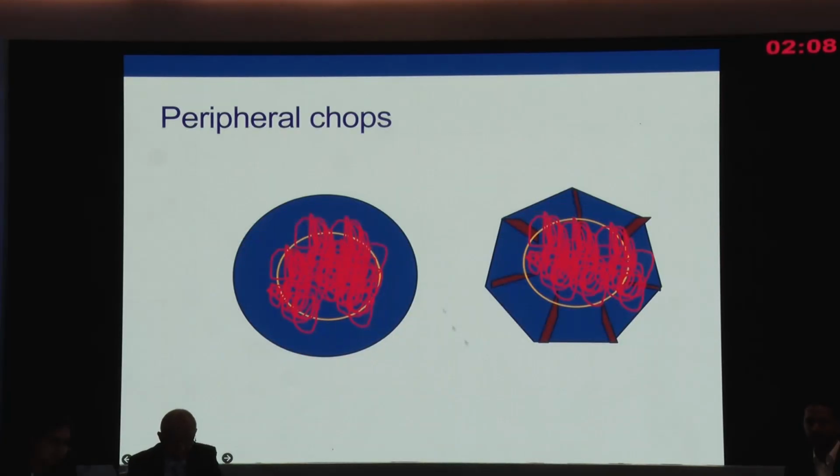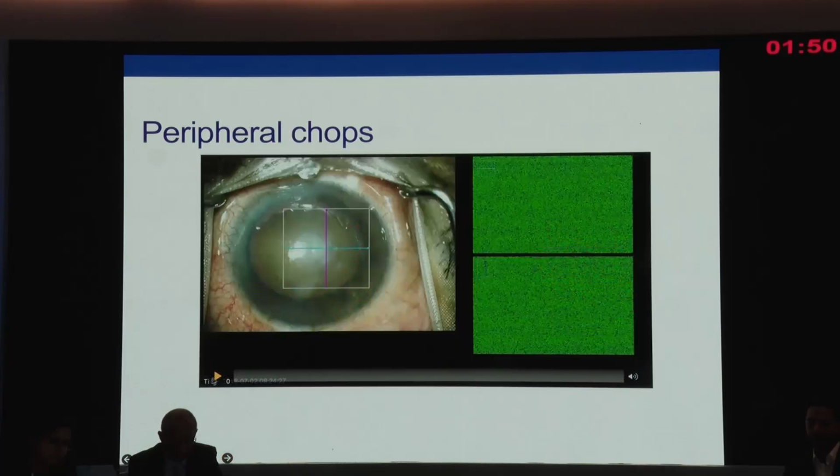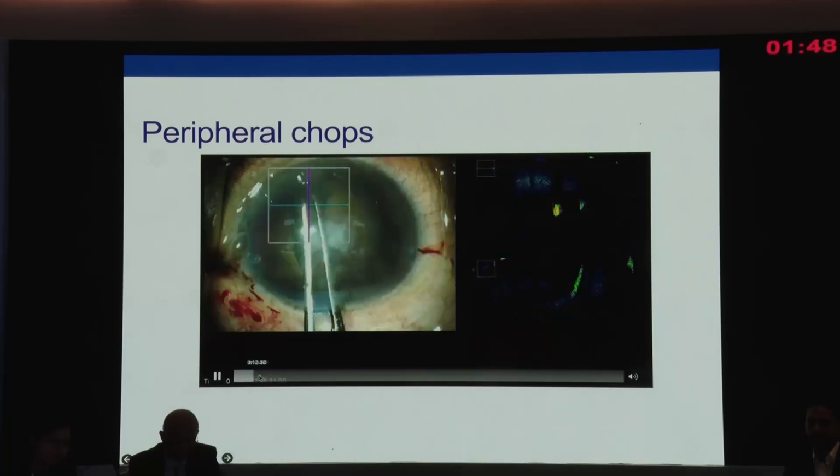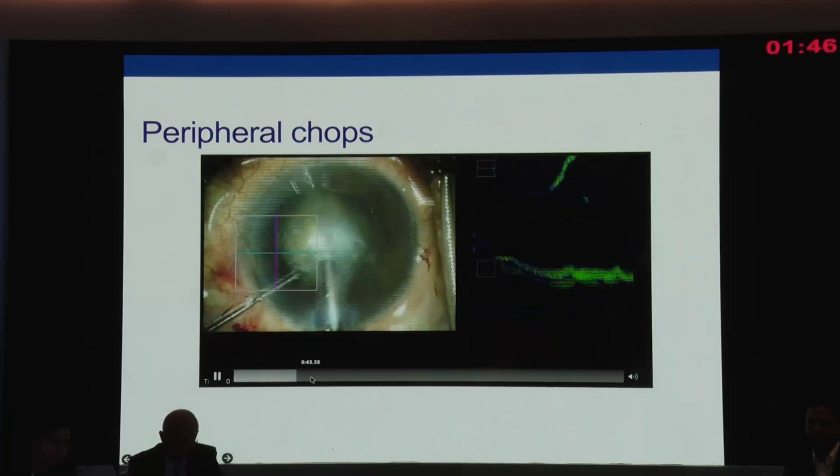What keeps happening is that when there's haze present, you try to phaco here in the center, and the nucleus keeps springing up and keeps coming inside, doesn't allow you to chop. So what you do is you do these peripheral chops first, so the nucleus is no longer taut, and it kind of breaks down. This is just to show the case like this. So what is basically done is that after doing rhexis, give peripheral chops.